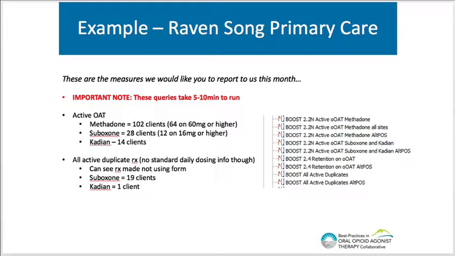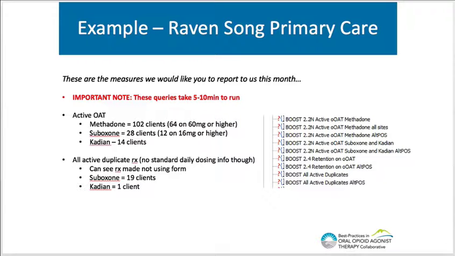At Ravensong, if you run the active OAT methadone, we see 102 clients, and then we can sort that by dose and find out that 64 are on 60 milligrams or higher. If we run the active Suboxone and Cadian, we see that we have 28 clients with 12 on 16 milligrams or higher, and then we have 14 clients on Cadian.